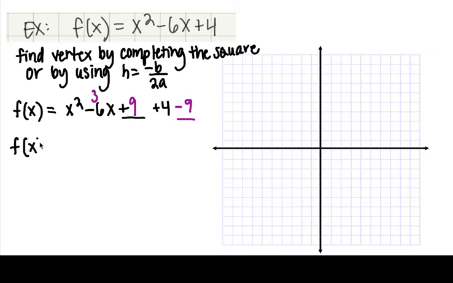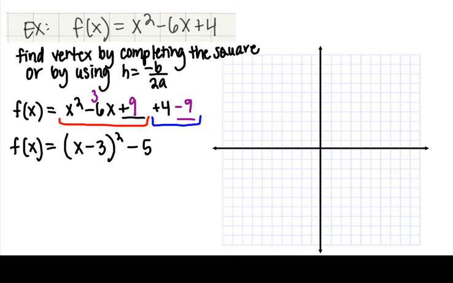So I have f of x equals, this part right here is the part that I needed, x minus 3 quantity squared minus 5. This part right here is where minus 5 is coming from. So our vertex is 3 comma negative 5.